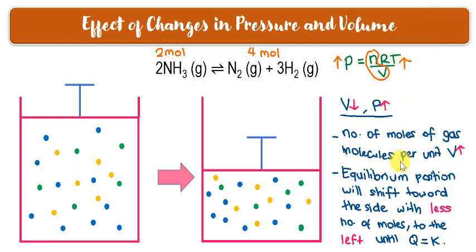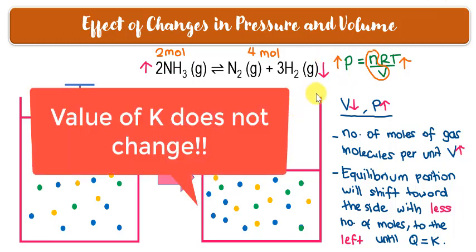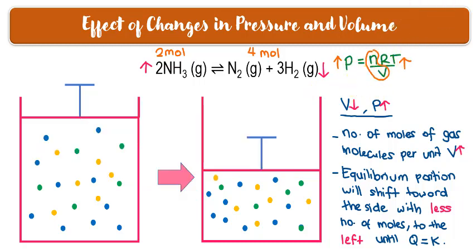In order to reduce this disturbance, the equilibrium position will shift toward the side with fewer moles, which is in this case to the left, in order to decrease the pressure. Thus, the concentration of the reactants will increase and the concentration of the product will decrease. The value of K does not change when we increase the pressure of the system.